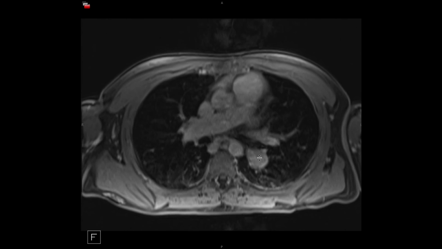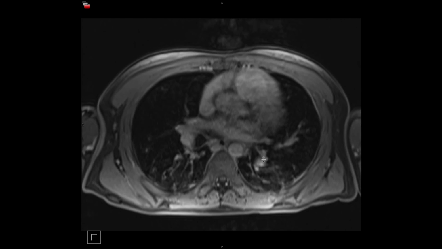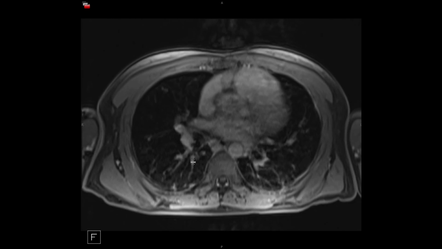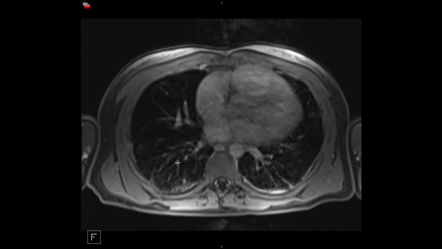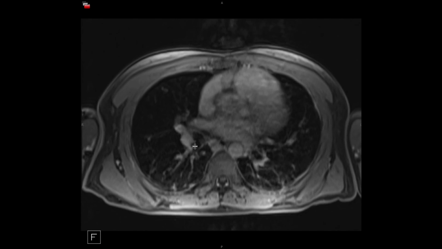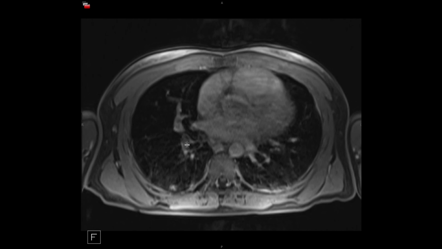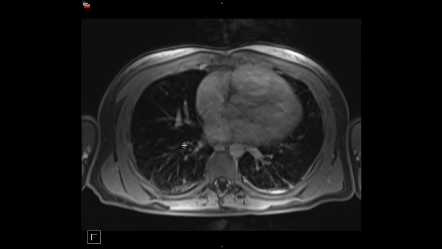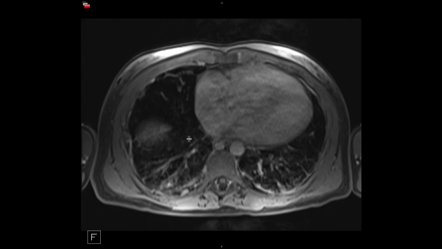There's the pulmonary artery itself. And the left lower lobe artery is essentially totally occluded. Similarly, the right lower lobe artery here, we've got vascular pruning and essentially absent pulmonary arterial flow here. You can see the proximal right lower lobe pulmonary artery, and then it sort of is thrombosed here. And again, enlarged right ventricle in this patient with known pulmonary hypertension.